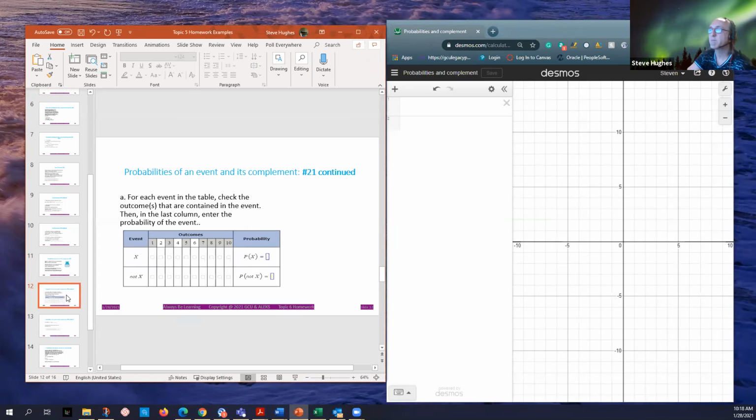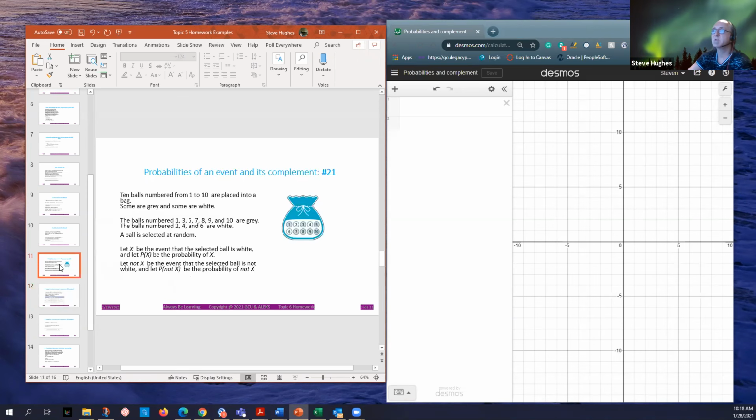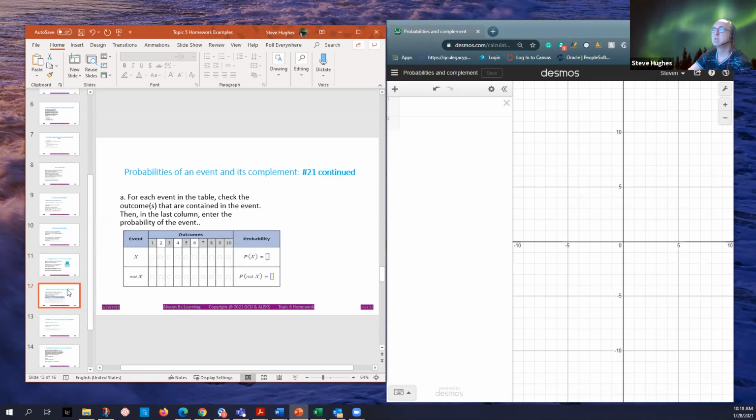All right. So X is the probability that the ball is what? Let's go back up here. X is the event that the selected ball is white. Okay. So let's do our work here. Grab my pencil once again. You guys do it with me, okay?